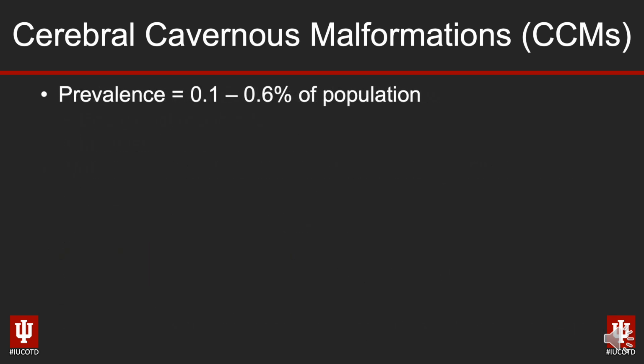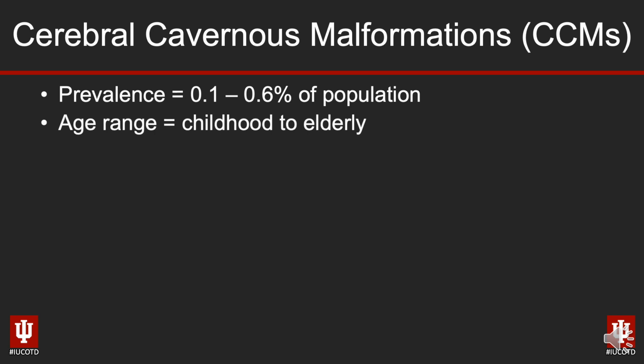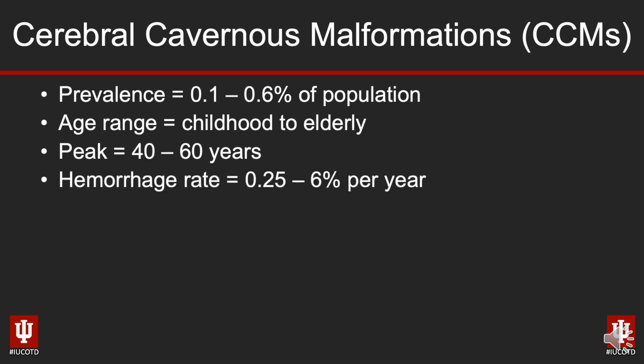These are fortunately quite rare. The prevalence is reported at less than 0.5% of the population has a cerebral cavernous malformation, and they can really declare themselves at any age. The peak, however, tends to be middle age. So right where this patient is at is sort of the typical peak of these being diagnosed.